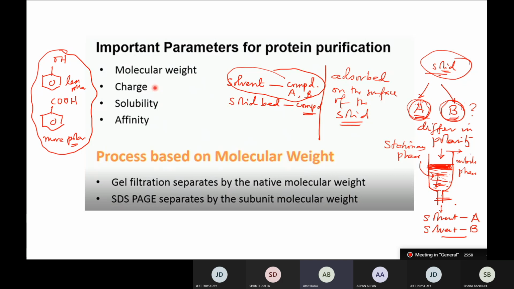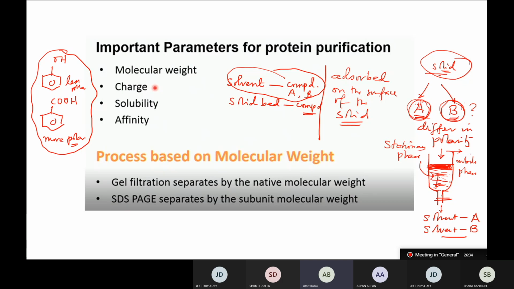But suppose the two molecules have almost the same polarity, then what are you going to do? Then it will be difficult to separate them, which is actually true when the compounds are of very similar polarity, then their migration ability, migration meaning as it comes down from the top to the bottom, is also very similar. In those cases, you have to be very careful.